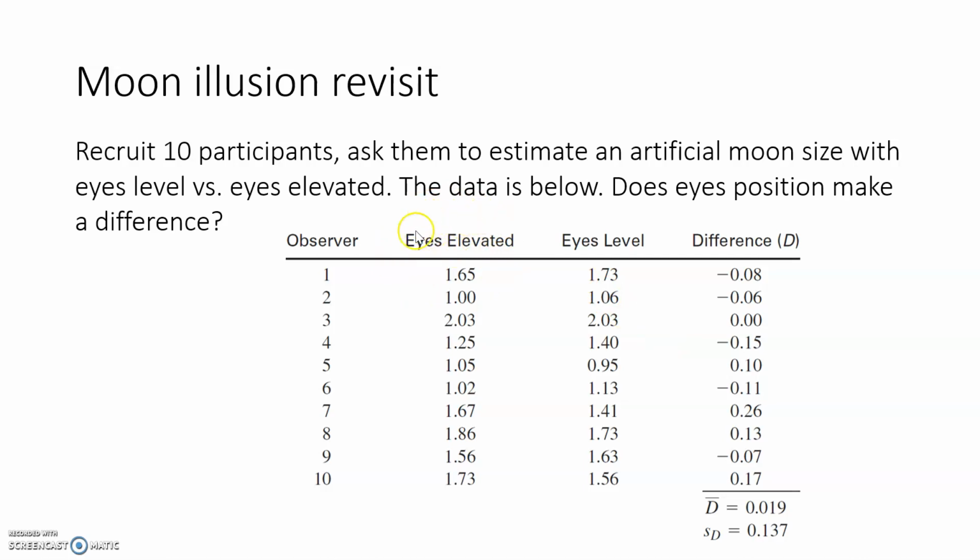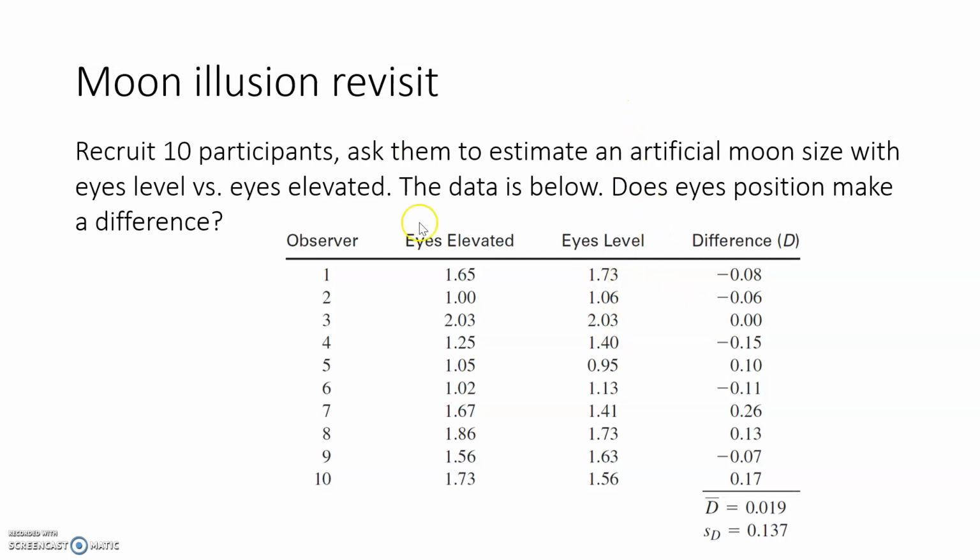And this first column is these 10 people, their ID from 1 to 10. And the second column is their estimate of the moon size with their eyes elevated. And the second thing the participants were asked to do is to look at the moon without raising their eyes, and then estimate the moon size.